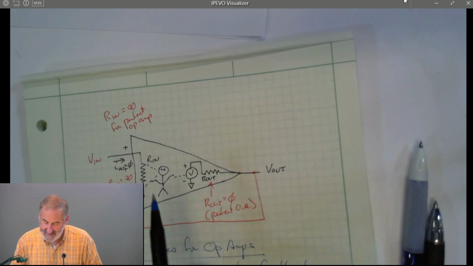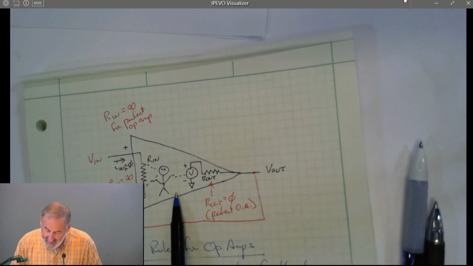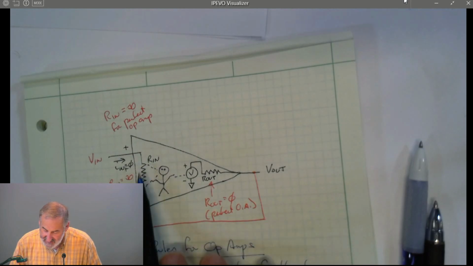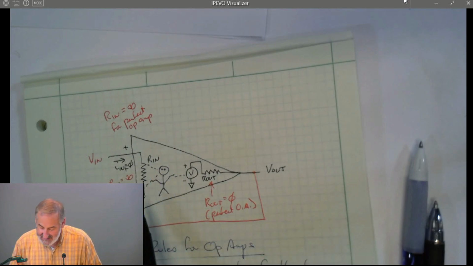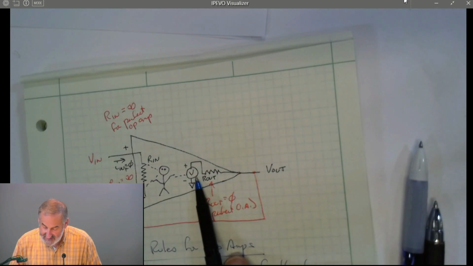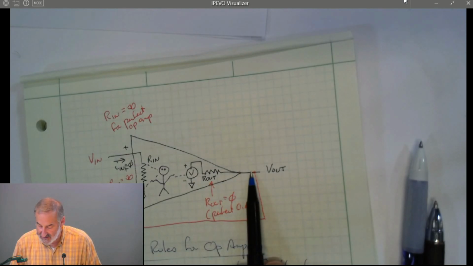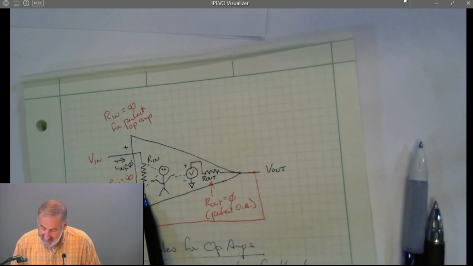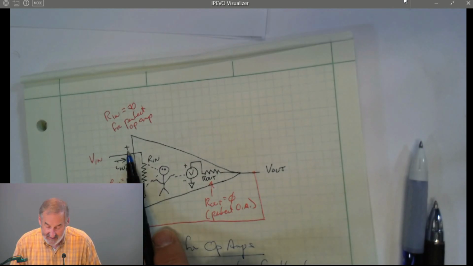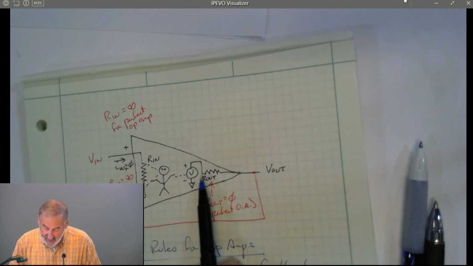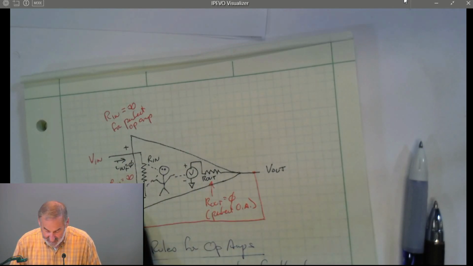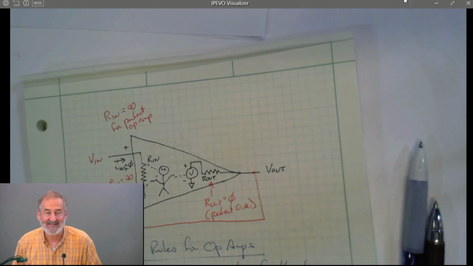So you can think about it as this little guy in here, this gnome, is looking at the difference between these two, and if he sees that the negative input is too low, he increases this voltage, causing V out to go up. If he sees V minus is bigger than V plus, he decreases this voltage, causing V out to be lower. And his goal is to keep V plus and V minus exactly the same.